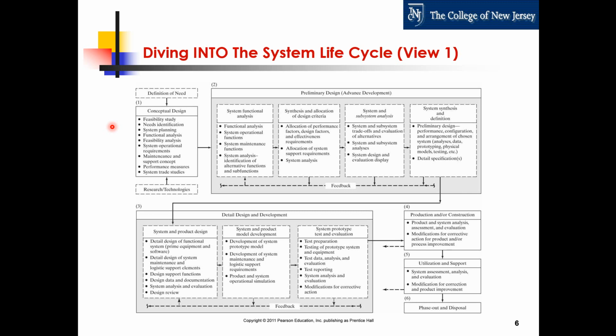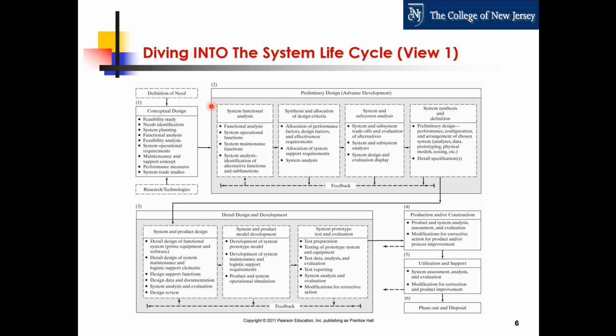Then we go into the preliminary design, which is also called advanced development. And we start looking at the functional analysis. Now that we have the system operational requirements, we start looking at the system functional analysis.